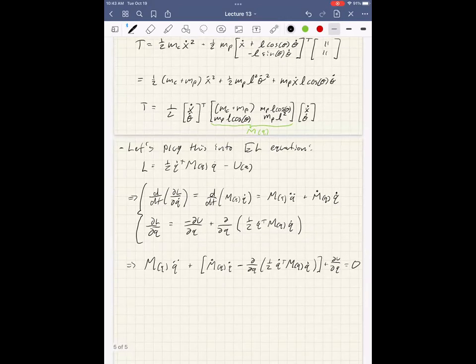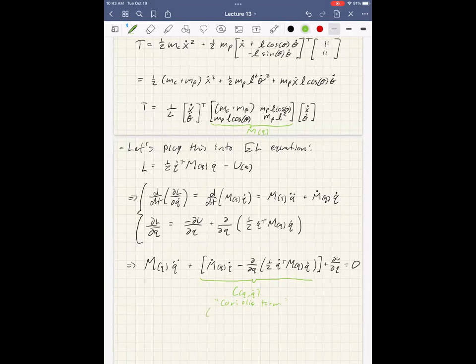But what we're going to end up doing is grouping this whole mess together and calling this C of q, q dot. And this is called the Coriolis term.